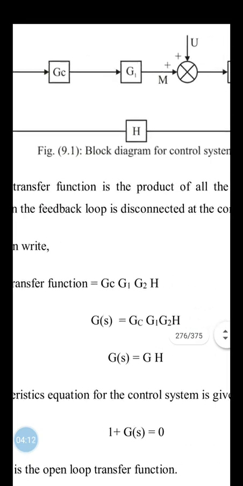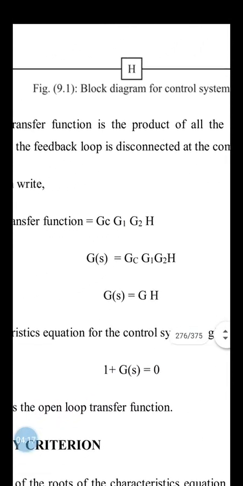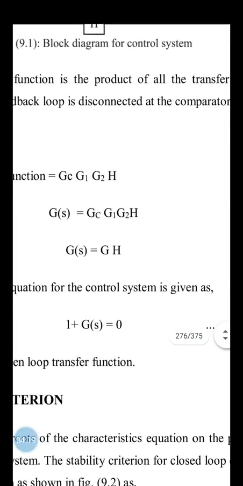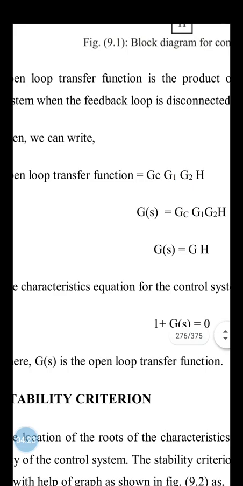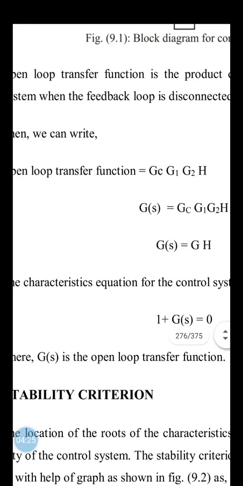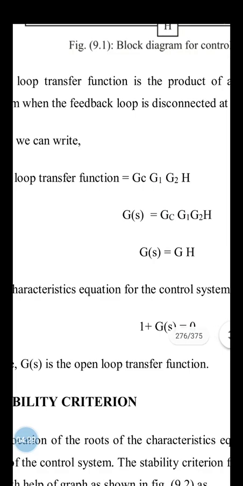The open loop transfer function is the product of all the transfer functions in the loop when the loop is disconnected at the comparator. So first you have to find the open loop transfer function, which is the product of all the transfer functions Gc, G1, G2 and H. So G(s) is equal to Gc G1 G2 H.